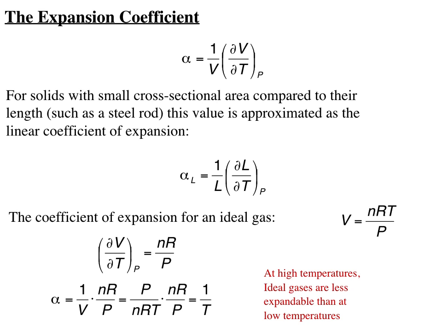So gases expand much more dramatically when you put a little bit of energy into them and the temperature rises slightly at low temperatures, compared to when you put a little bit of energy into them and they're already at a large volume. The volume change is not nearly as dramatic at a high temperature.